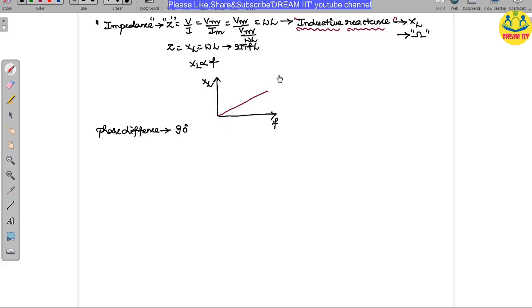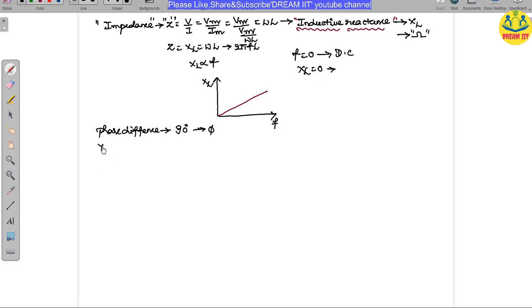Here is a simple concept. For a DC supply, frequency becomes 0. If frequency is 0, then the XL value also becomes 0 for a DC supply. Now the phase angle here, we have seen, is phi equal to 90 degrees.